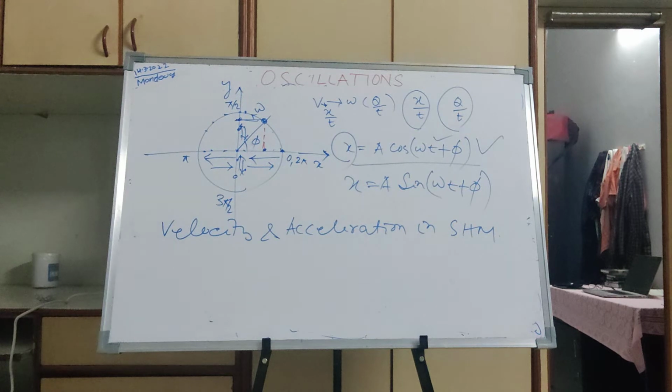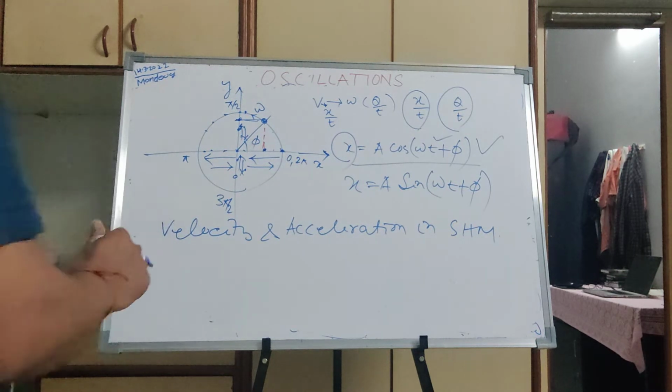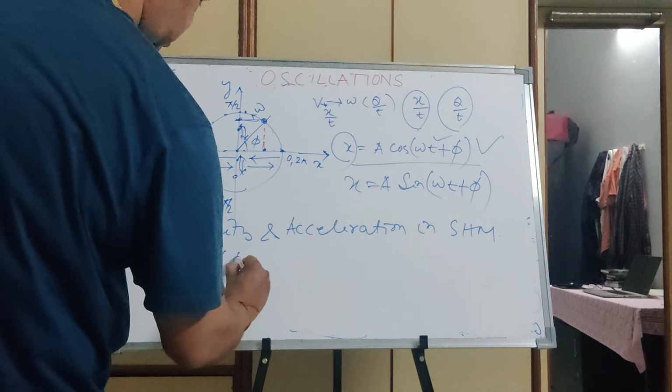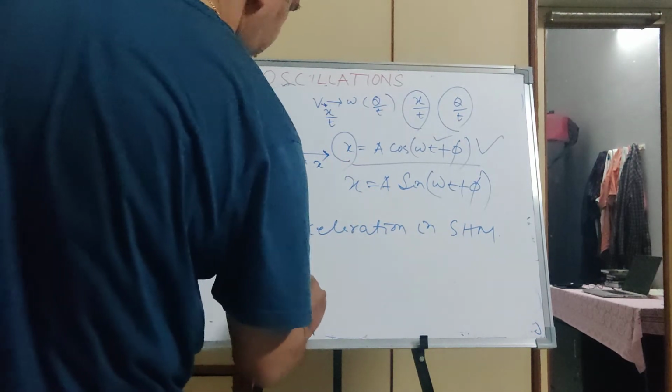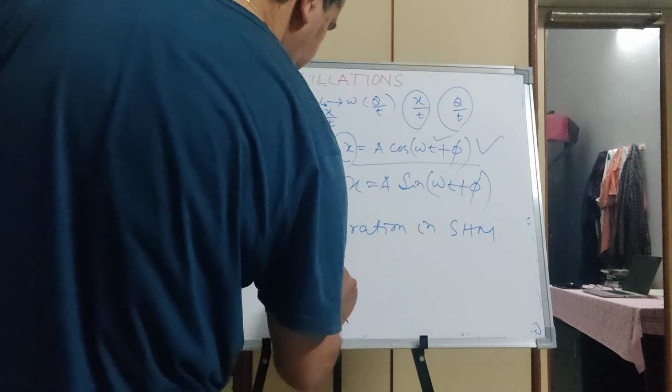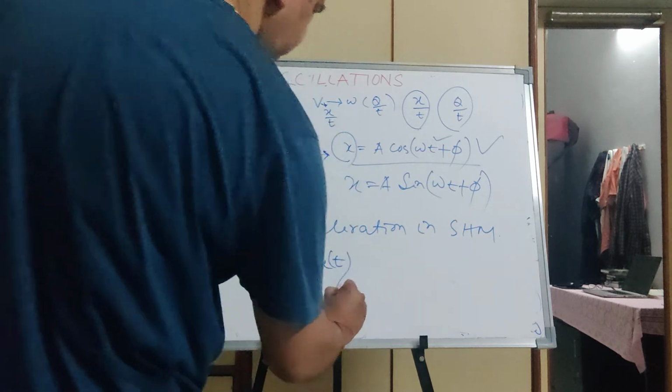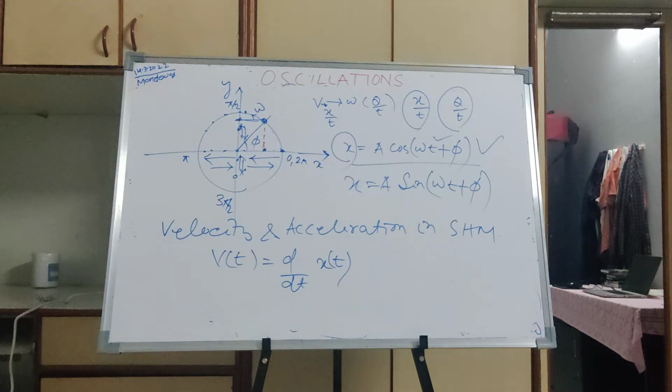X is always displacement. Then what will be the velocity? Velocity is nothing but d by dt of x. You know velocity is nothing but the rate of change of displacement.